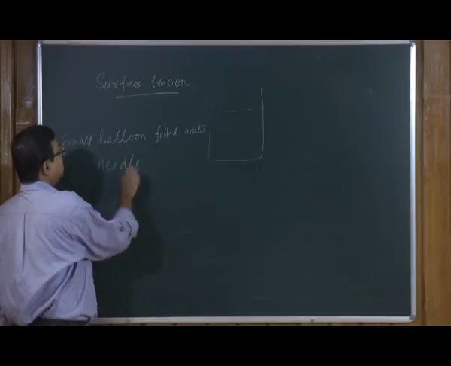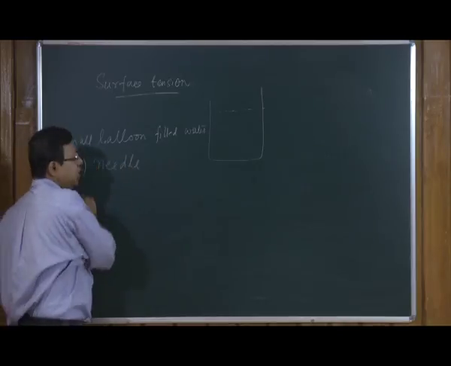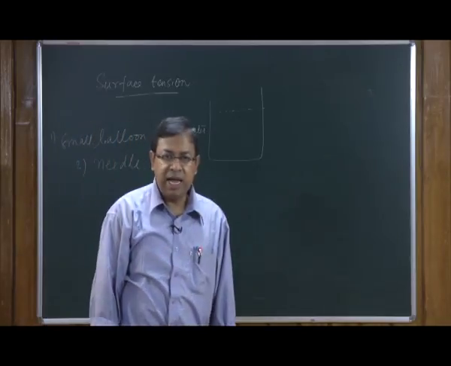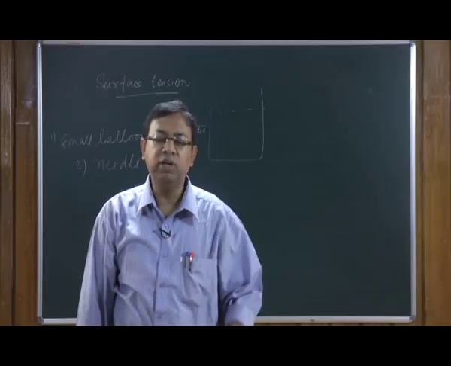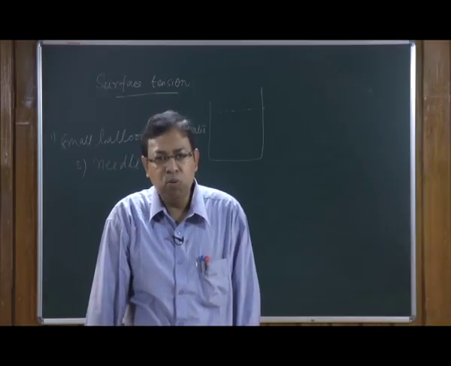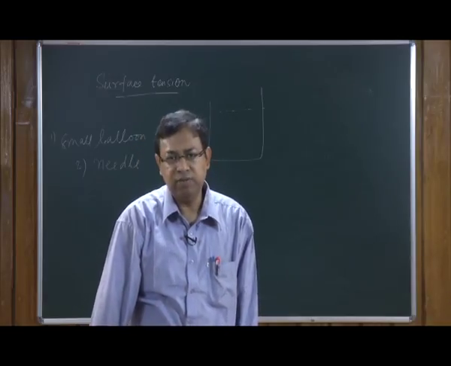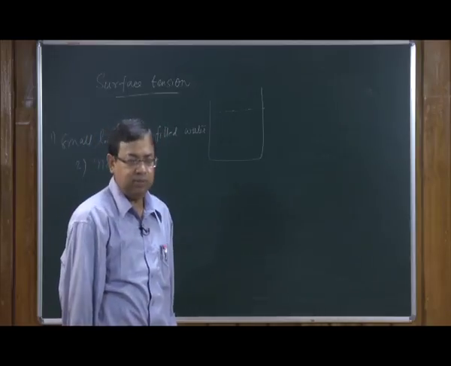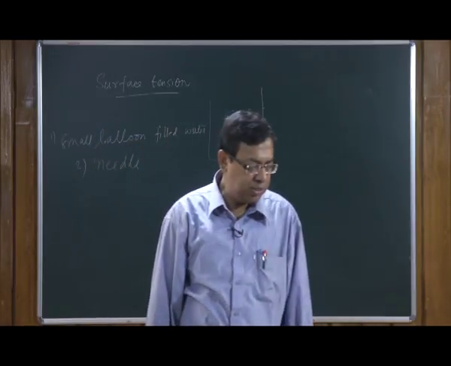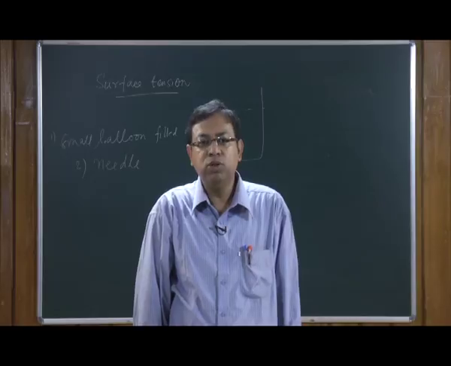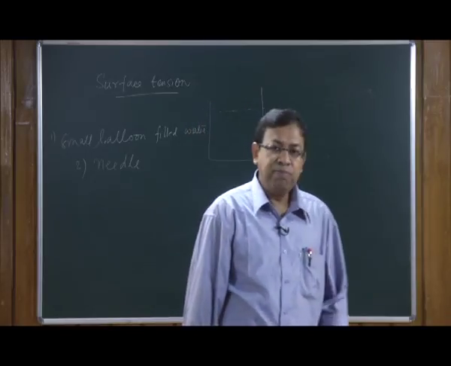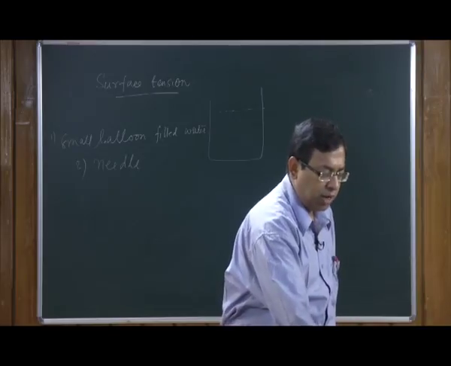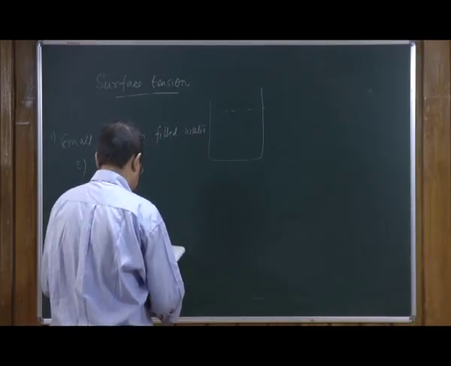These are two examples which you can see that they float on the surface of the water, even though they are more dense than the water itself. So, why does this happen? It happens because of surface tension. It is a property of the surface, and let us see what kind of property it is.